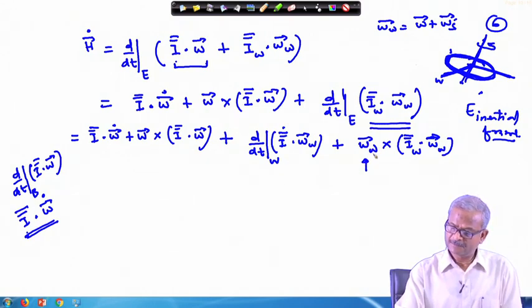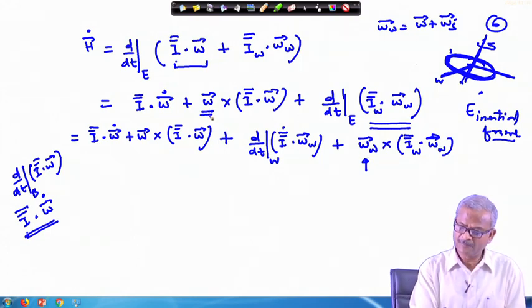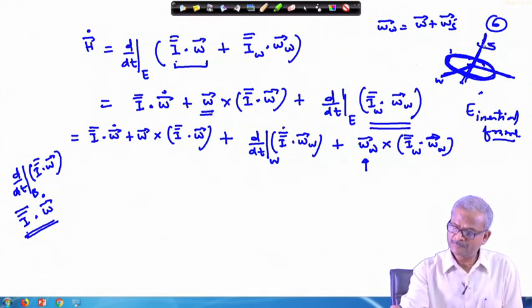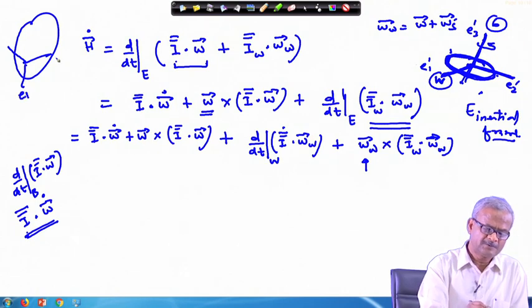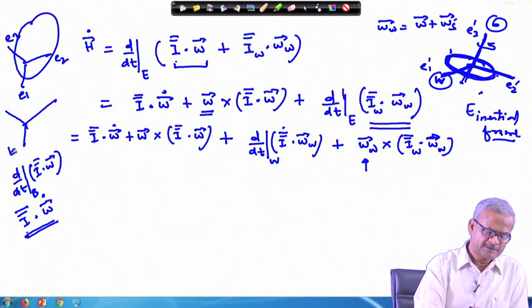This is d by dt with respect to W, here it is not by omega, because I am assuming that this body axis is fixed to the wheel body, which I have indicated by W, I can write as E 1 prime, E 2 prime, E 3 prime. For the main body I have taken axes as E 1, E 2 and E 3, and outside this I have taken capital E 1, capital E 2 and capital E 3.